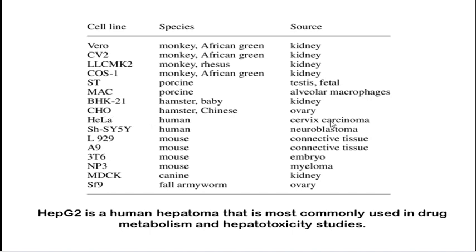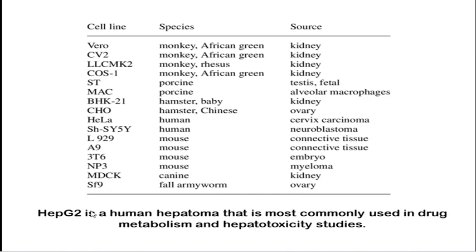HeLa is from a cervical carcinoma patient, and SH-SY5Y is from neuroblastoma tissue of human. L929 is a mouse cell line isolated from connective tissue, and A9 is also a mouse cell line isolated from connective tissue of mouse. 3T6 is derived from an embryo of mouse, and NS0 is isolated from myeloma of mouse. MDCK is from the kidney of canine, and Sf9 is derived from the ovary of fall armyworm.